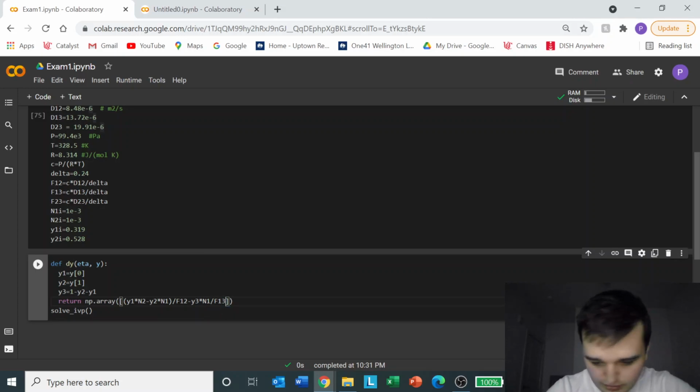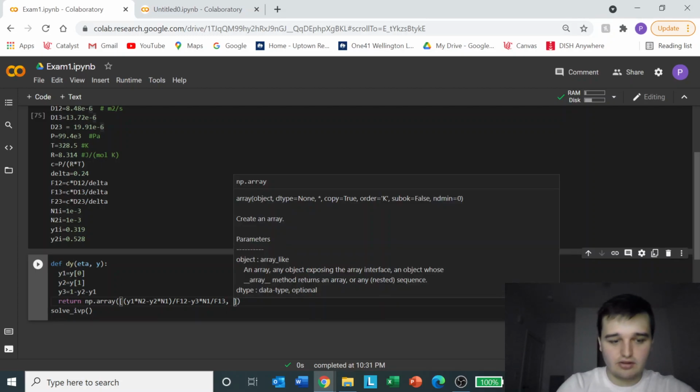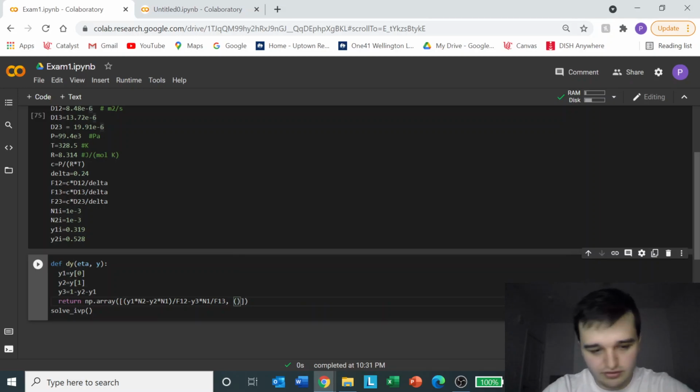So now we can comma, move on to the second element in this array, and we have to start new brackets or new parentheses again. This is the second right-hand side of the Stefan-Maxwell equation, and that is y2 times n1. It's a mouthful to keep saying the mole fraction of 2 times the molar flux of 1, but you get it, I think.